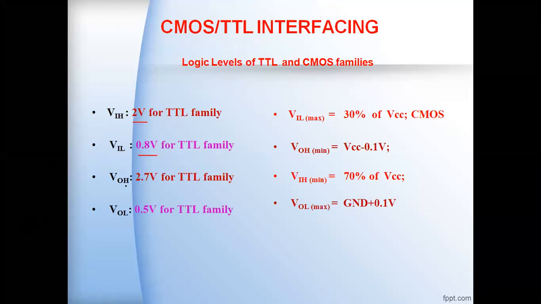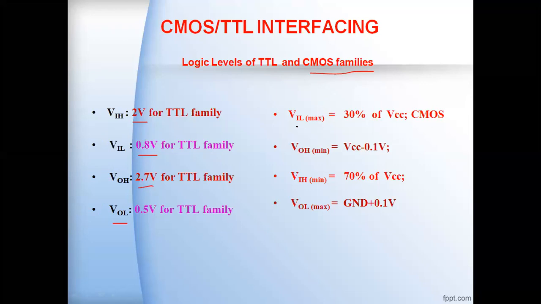VOH is the minimum voltage at the output to be recognized as a logic 1, and VOL is the maximum voltage at the output to be recognized as a logic low state. So these are all the logic voltage levels.